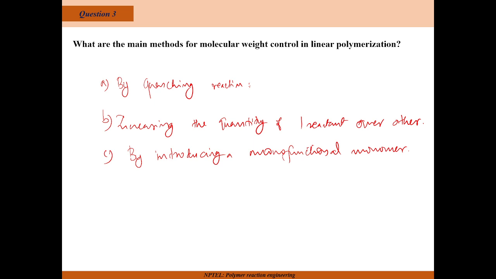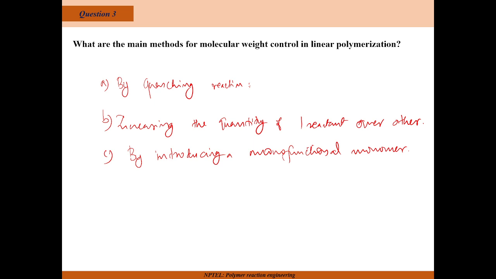Here, controlling the molecular weight means to reach a dead polymer, the saturation level of polymerization? No, the polymerization reaction is already taking place, and it means the termination of the polymerization.